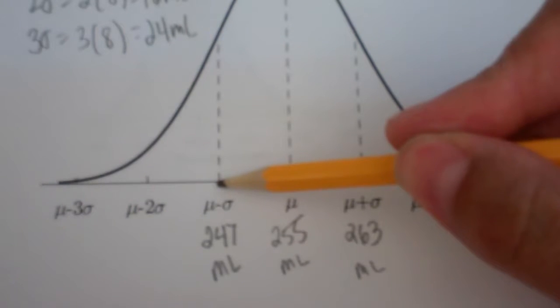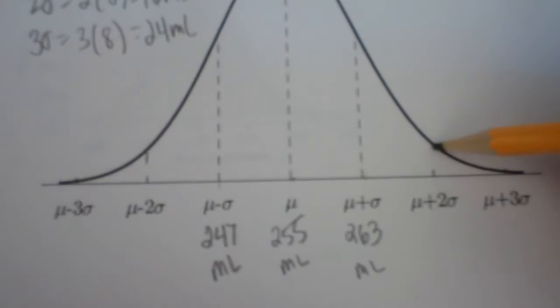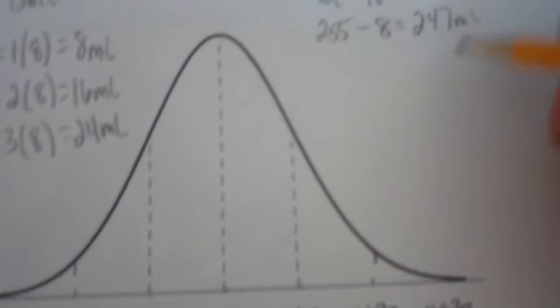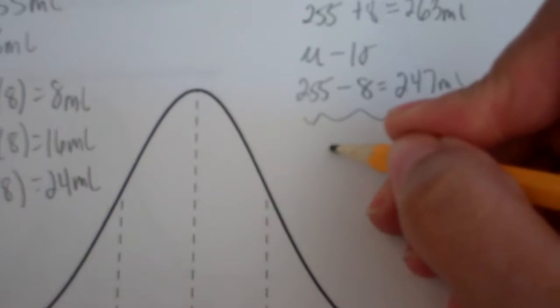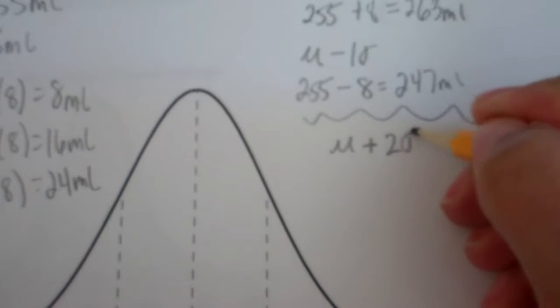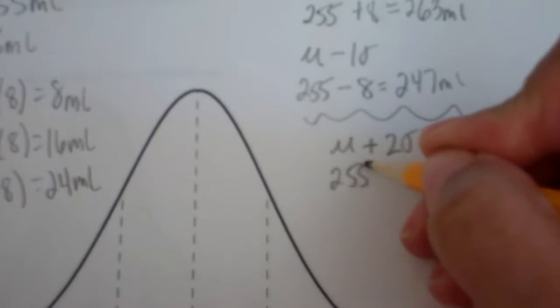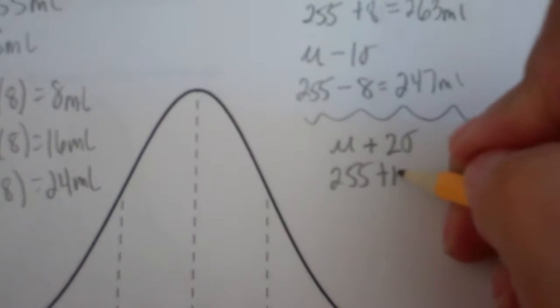Let's go a little bit further out. Let's look to see what 2 standard deviations would look like. So going back to do the math, plus 2 standard deviations. That's going to be 255 plus, and remember 2 standard deviations, I have it over here, is 16.